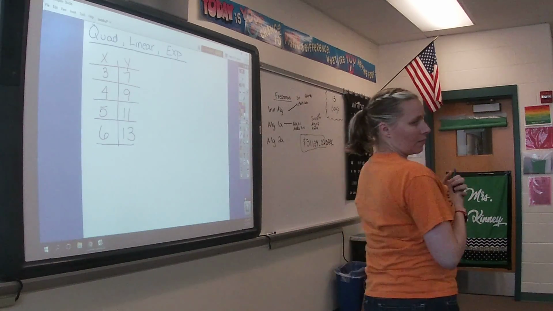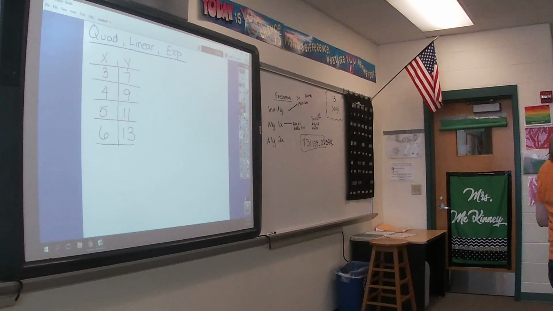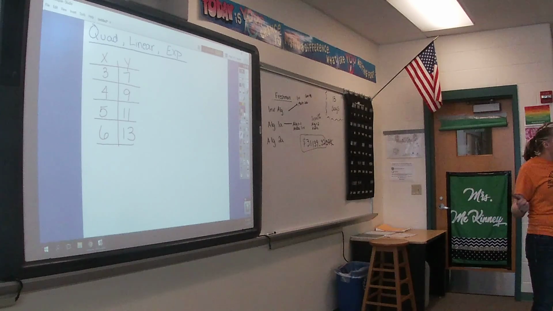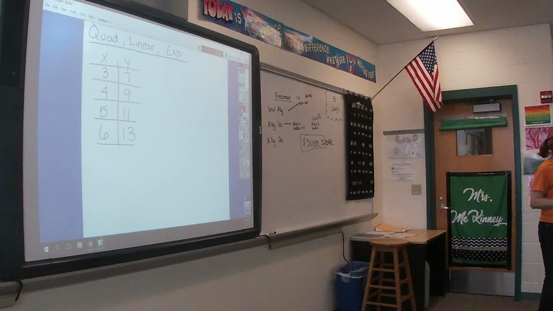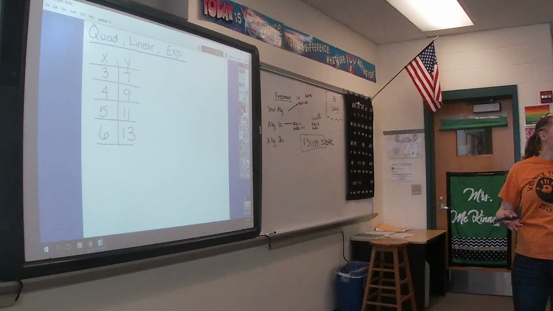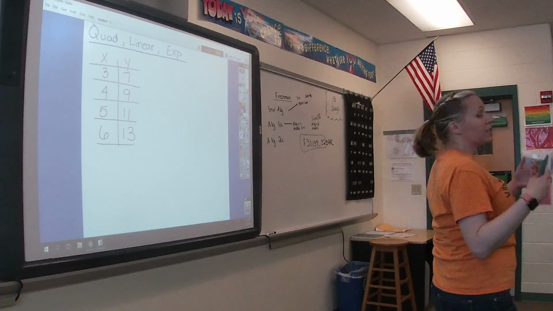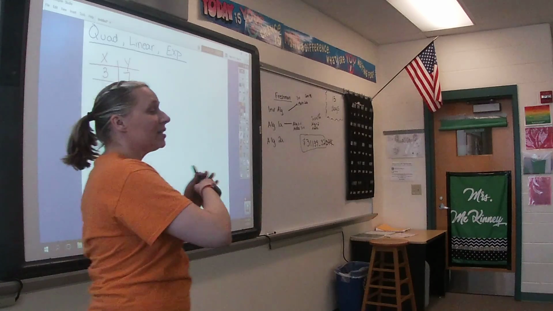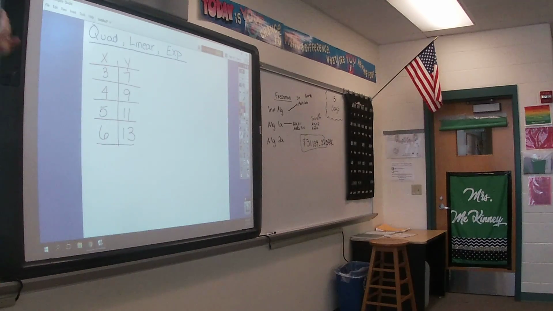By using a graph and plotting it. Okay, so we could graph this and plot these points and see what they look like. If they look like a line, what type of data are we talking about? Linear. If they look like a U-shape, which is a quadratic. If we see something that's not a swooped shape, exponential. So that would be an option.